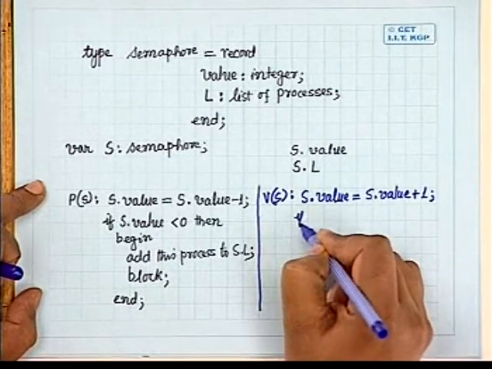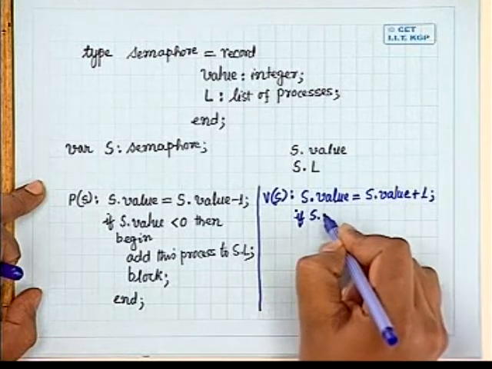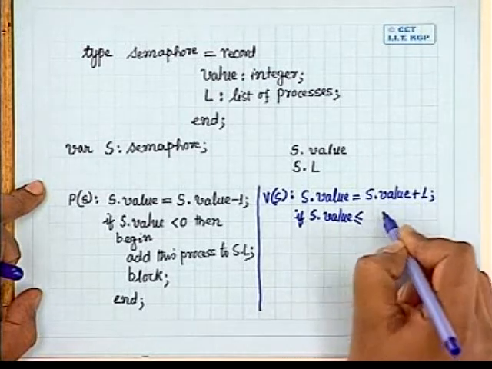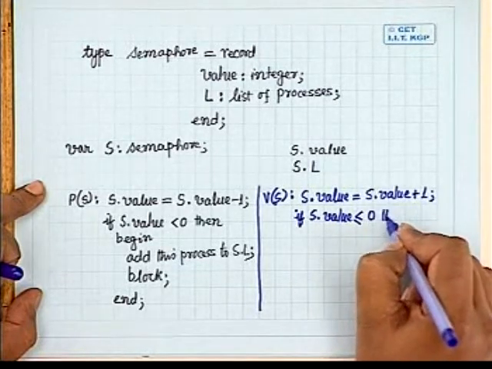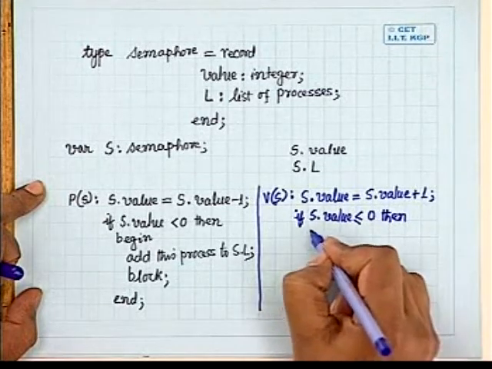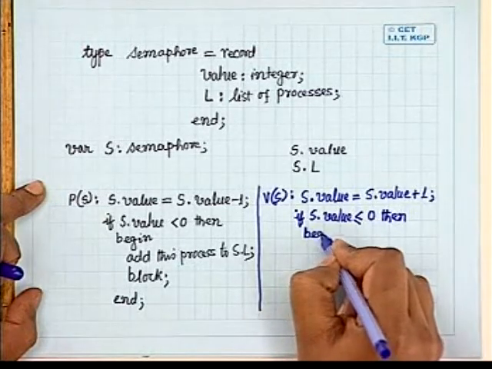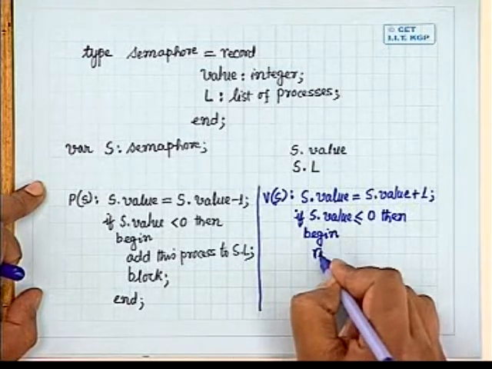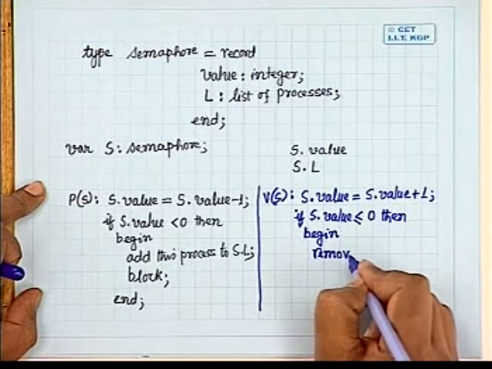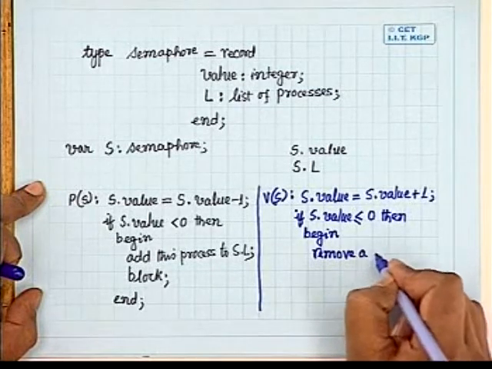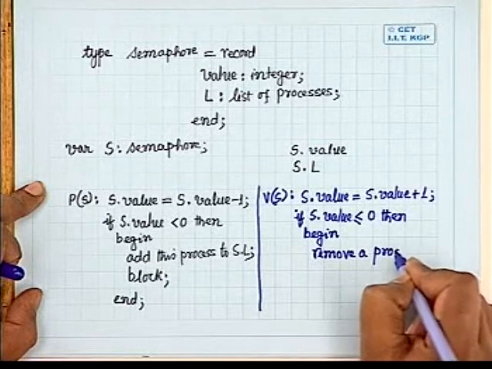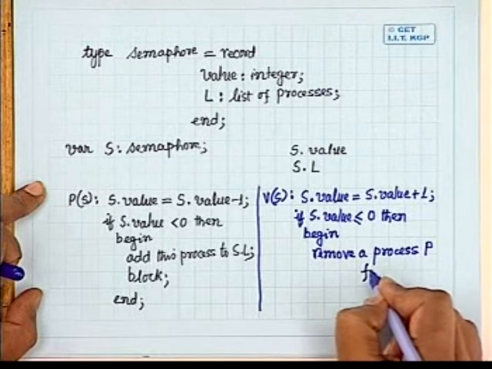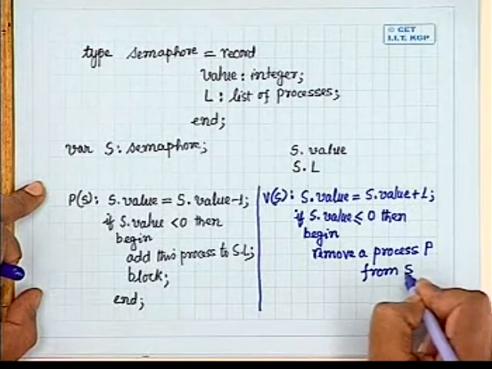Then, if s.value is less than or equal to 0, then begin: remove a process P from s.l.